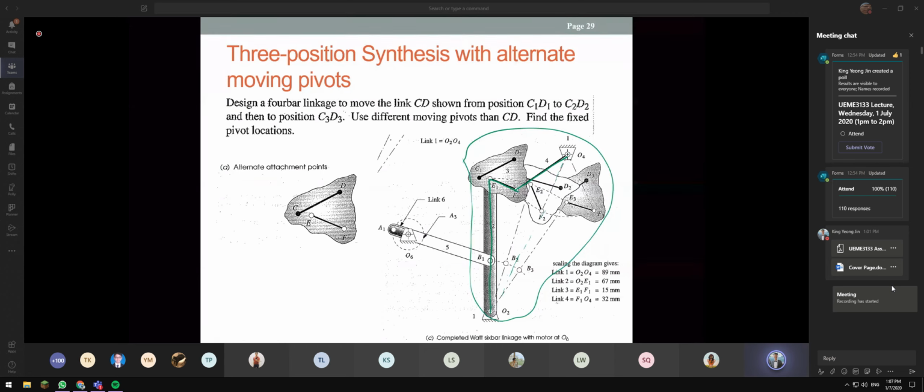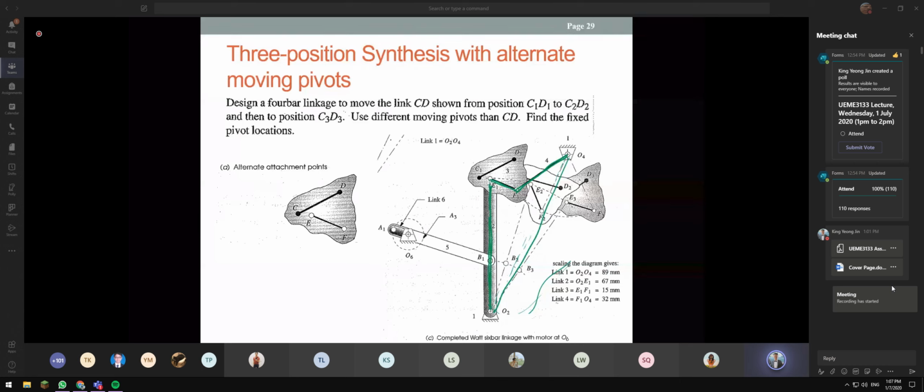This is link 1, so we have ground link 1. This one forms a 4-bar linkage: link 1, link 2, link 3, link 4.